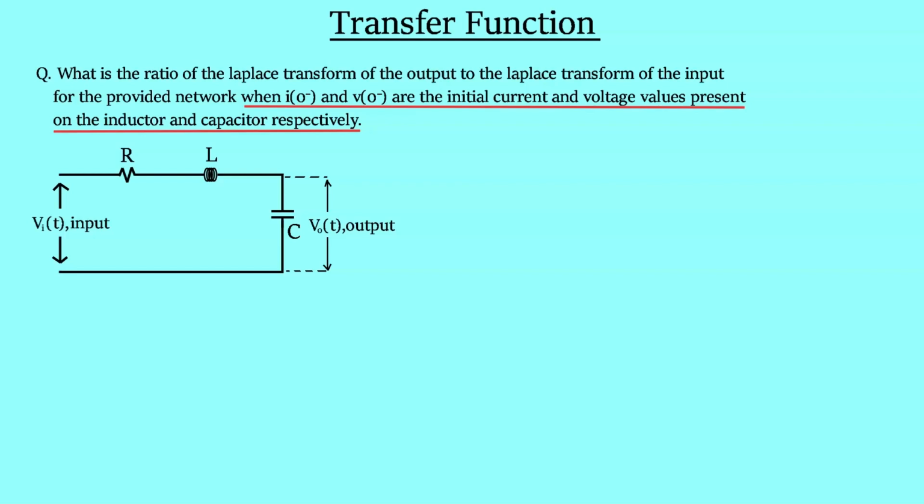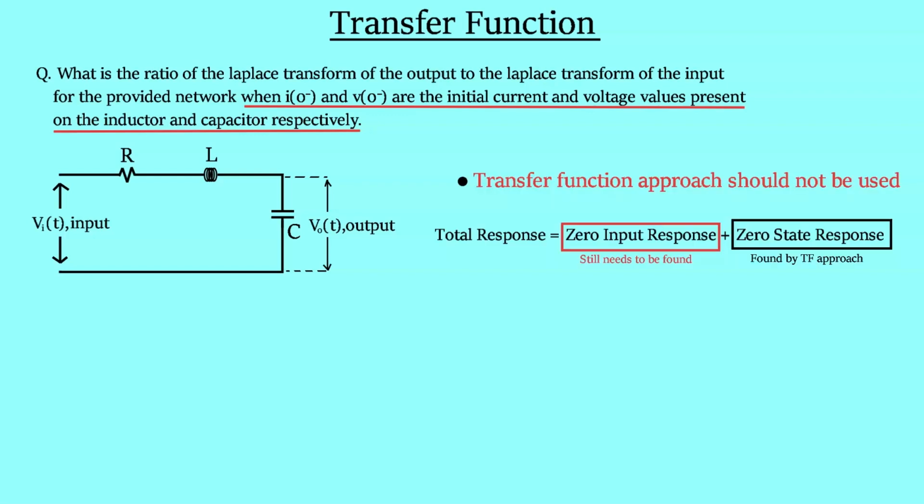In such questions, when the initial conditions are not zero and you still try to find the answer through the transfer function approach, it will be very lengthy. By using the transfer function approach, you can find the zero state response, but you still need to find the zero input response. And for finding that, you have to first derive the differential equation which represents the system's dynamic behavior, and you have to solve it separately to find the zero input response.